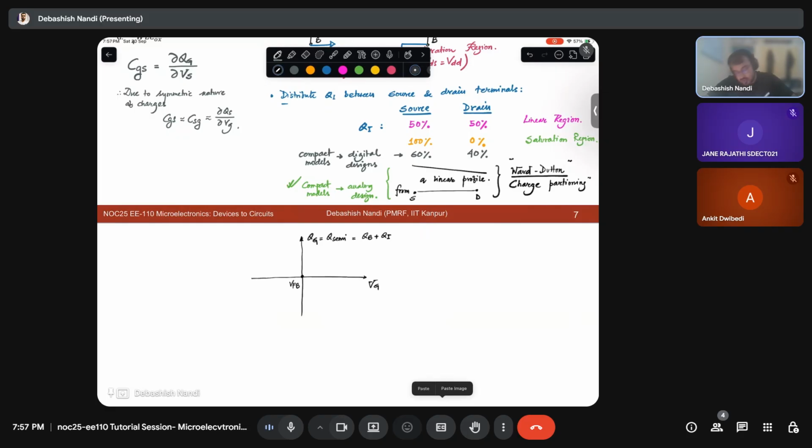Flat band may not be zero, so it will be something like this. Okay, so this is your charge profile, and then your capacitance Cg, you get the derivative of this.